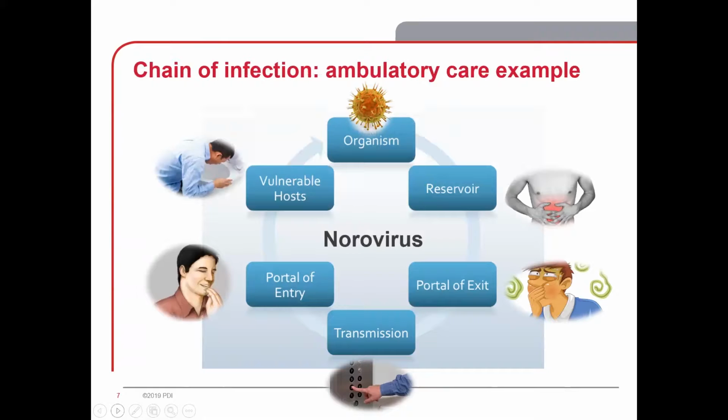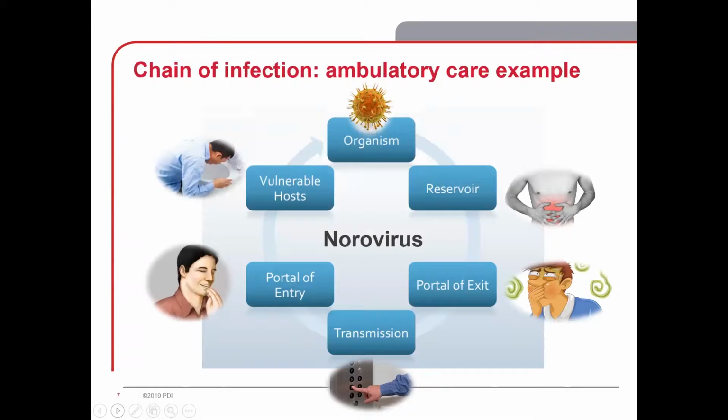Then when you see the picture here of the transmission, I gave an example of a person touching an elevator button. This is because oftentimes when someone's sick, they cover their hands and then they might not do adequate hand hygiene or hand washing. So they're able then to transmit that organism by their contaminated hands, as we see here in this example.